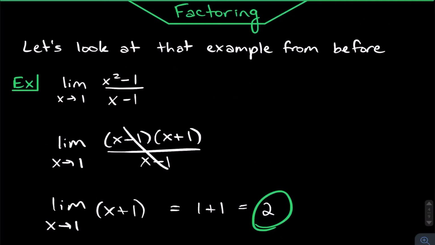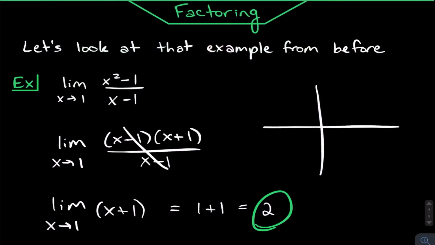Now, what that means, if you're following the idea of what limits are, is that you're going to have some x squared minus 1 over x minus 1 graph. I'm assuming it's going to be kind of like linear. This might be a weird way to look at it, so let me actually draw this out.